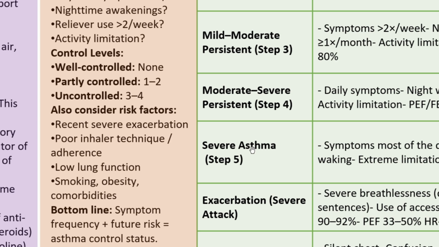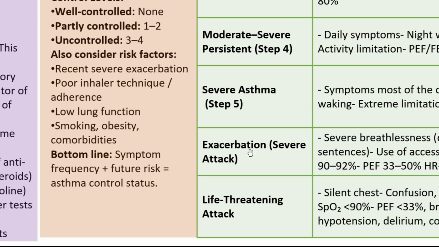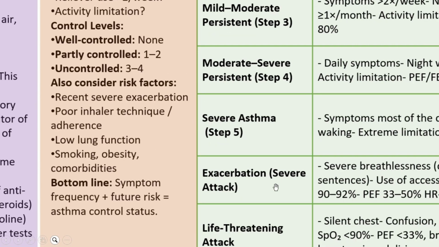This is going to be very important, because before you increase the dosage, if a patient is not actually following up well with how they're supposed to use the drugs, it's going to be a very big problem. So the bottom line is that when we are doing the assessment of asthma control, we want to say, are we controlling the frequency of the symptoms as well as the risk factors? Because that is what will give us the good control of asthma.